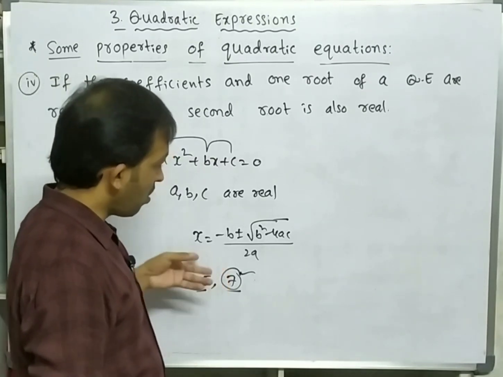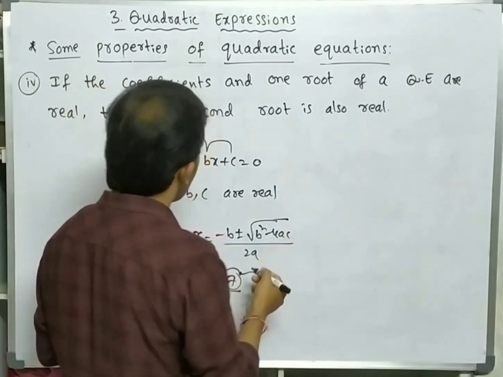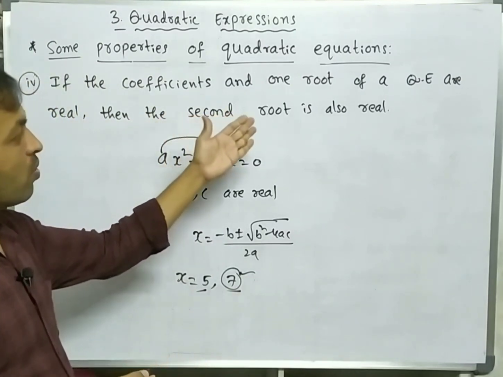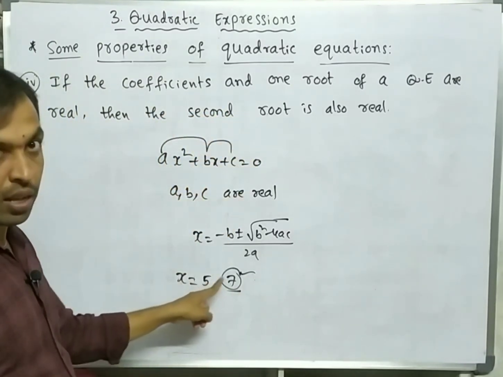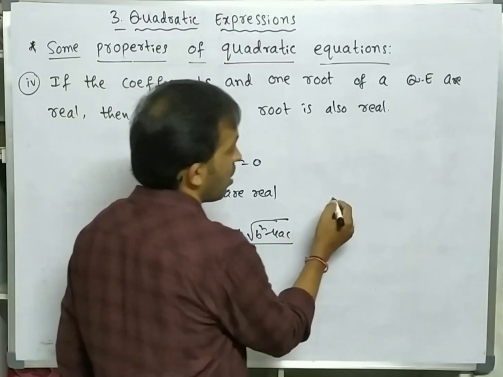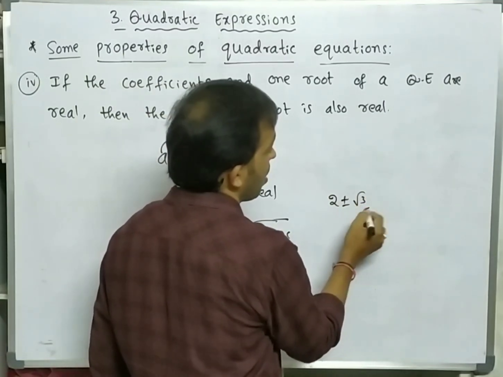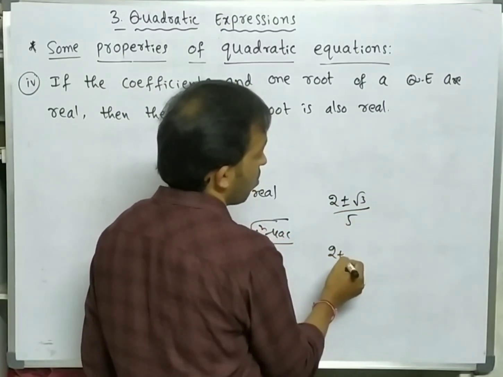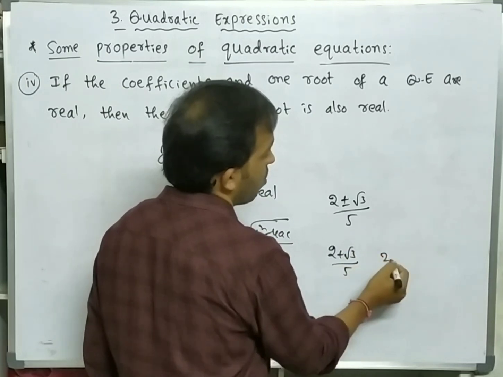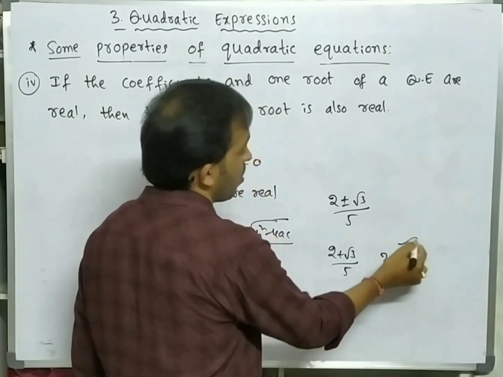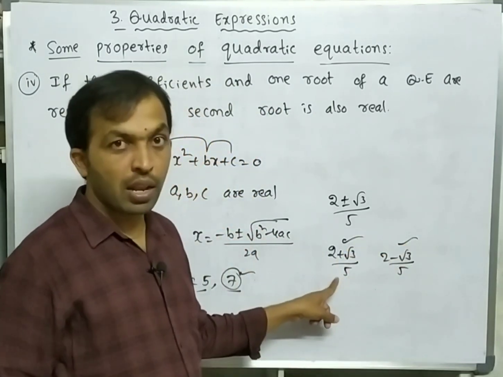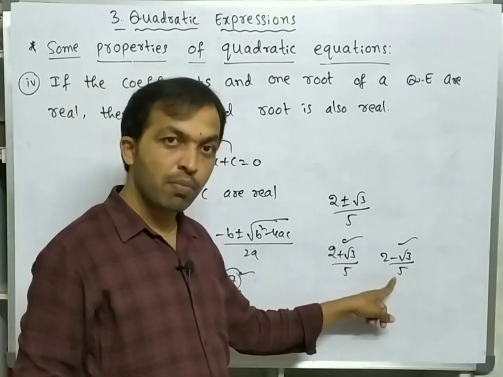So in another way, the second root is also real. If one root is real, the other root is also real. Otherwise we will get like this, 2 plus or minus root 3 by 5. So 2 plus root 3 by 5 is one root, 2 minus root 3 by 5 is the other root. So if one number is real, then the other number is also a real number.